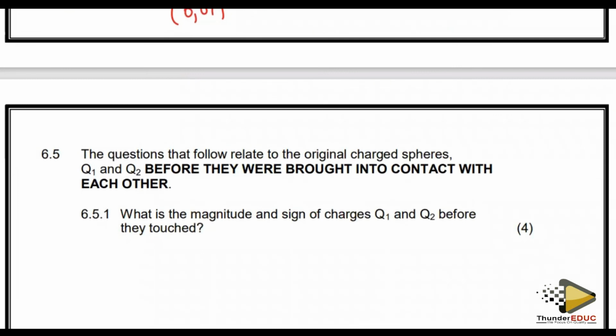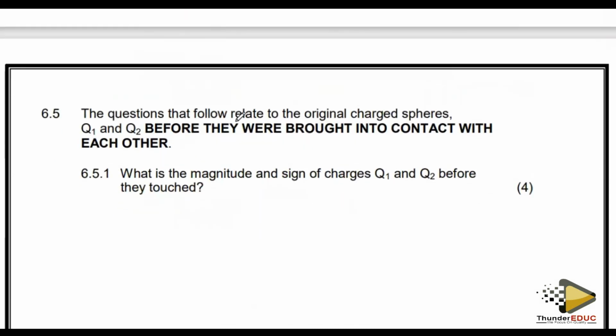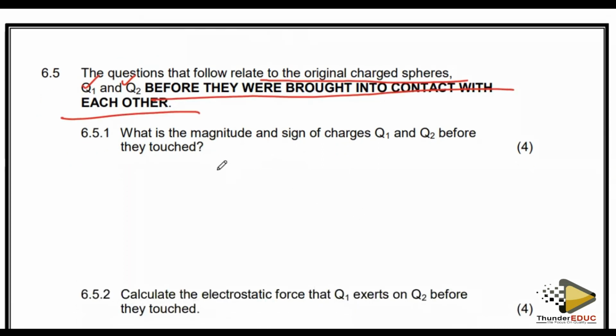Then they are telling us in 6.5 that the questions all relate to the original charges. Q1 and Q4 were brought in contact, with the quantity given in bold capital letters. What is the magnitude and sign of Q1 and Q4?